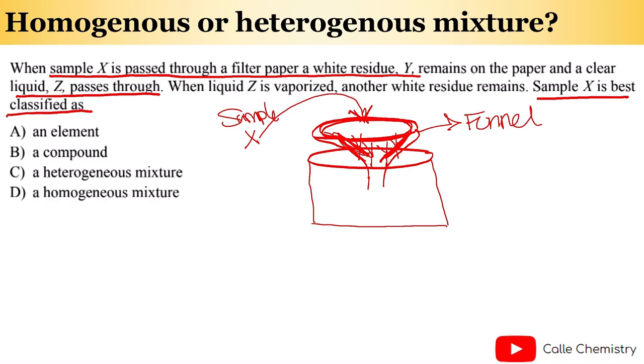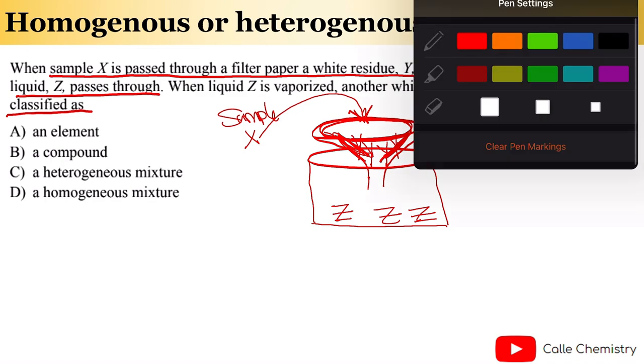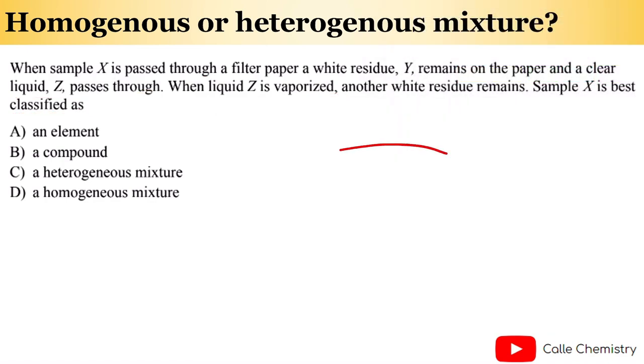Now, the liquid part passes through, and it's labeled as Z. I should draw this a little bigger. Okay, let me do this one more time quickly. So we got this funnel.